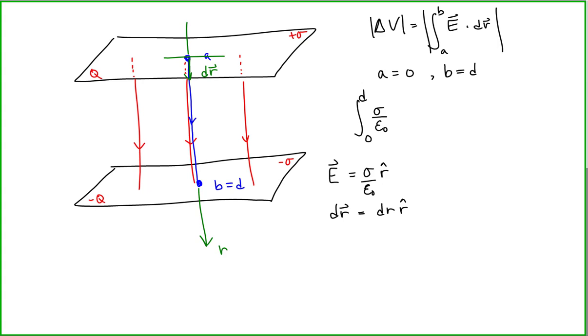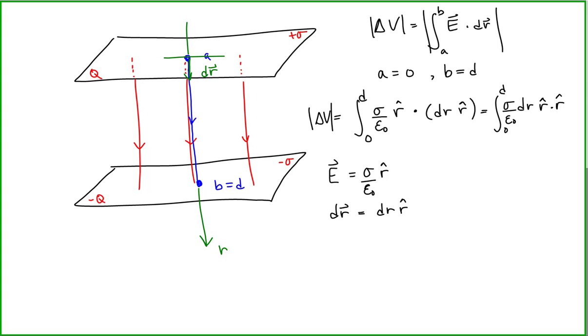So what we have here is for our change of potential, and let's remember we're going to just evaluate the magnitude of this later. So for our change of potential, this is going to be our electric field, which is sigma over epsilon naught r hat, dotted with dr r hat, and this is just essentially sigma over epsilon naught dr, and then it is the dot product between the r hat unit vectors.